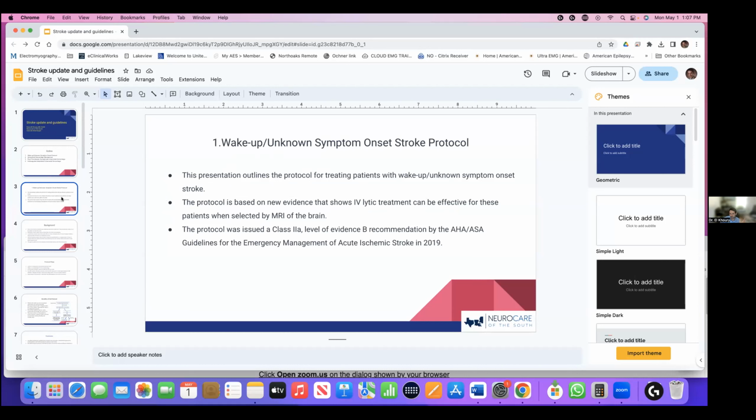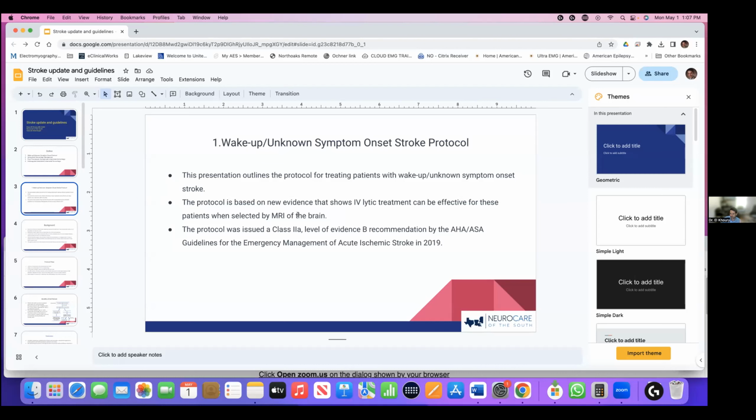So really, the important thing from a definition perspective is last seen normal, right? So it's a definition of last seen normal. So it's exactly the time where the patient was last seen normal that is where the clock starts.